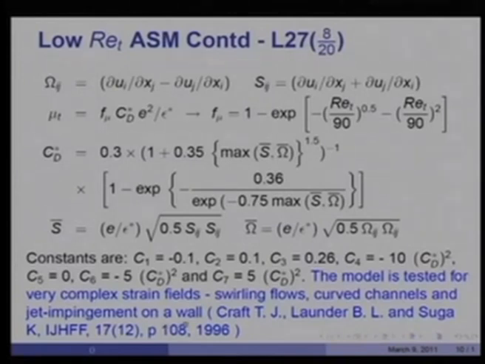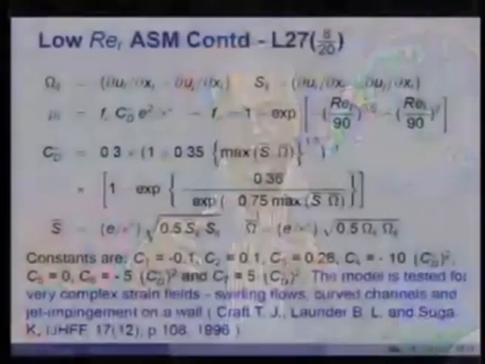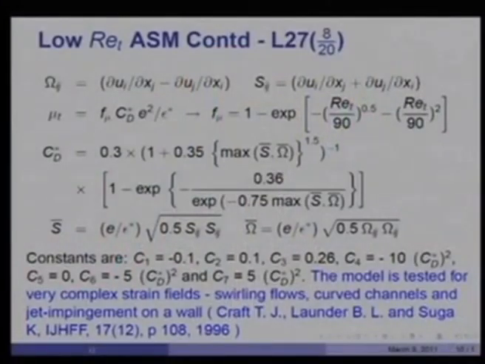Now, the great advantage is that this model is algebraic, and therefore differential equations for stresses need not be solved, but at the same time it captures the effects of the low turbulence Reynolds number regions, which are very important when you have very highly strained velocity fields. That is the great advantage of this model.